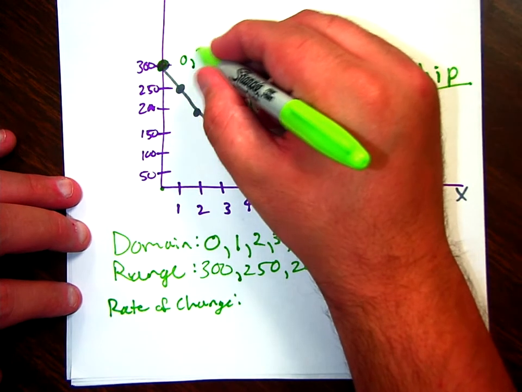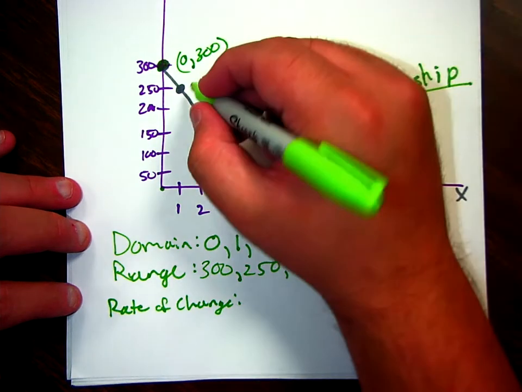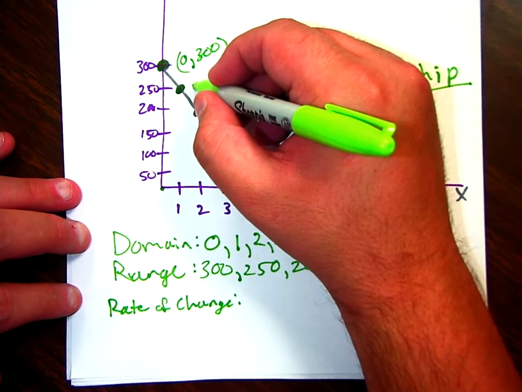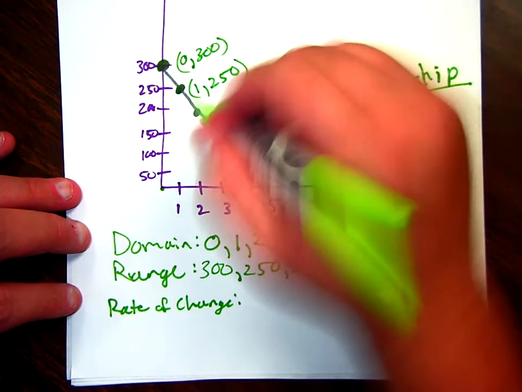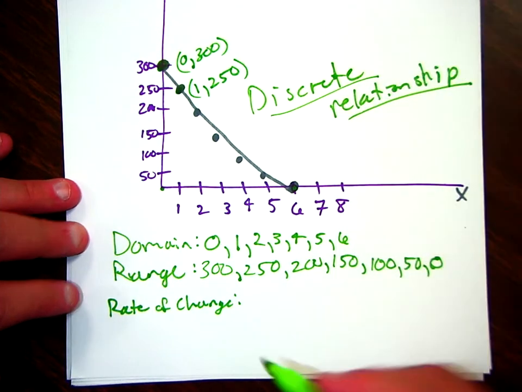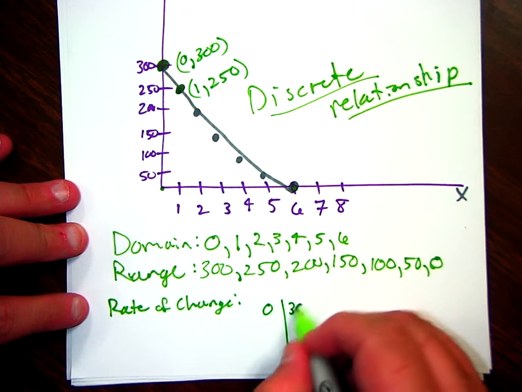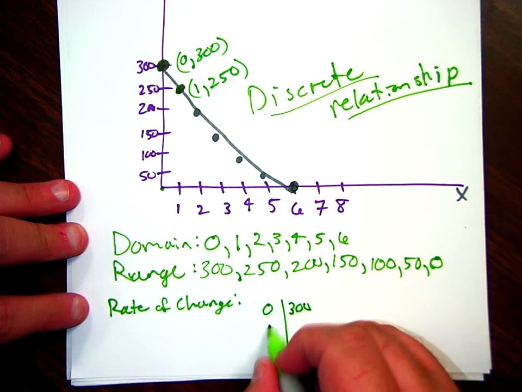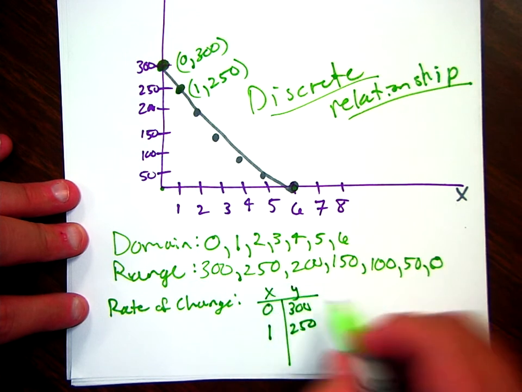X is 0, 300 is y. Now take any other point. Sure, this next one. X is 1, then we have 250. Now, given that, I can find a rate of change. We just have to put it in a table: 0, 300, and then 1, 250. This is x, y.